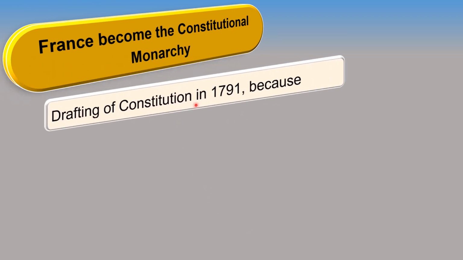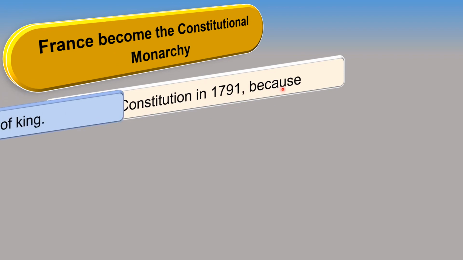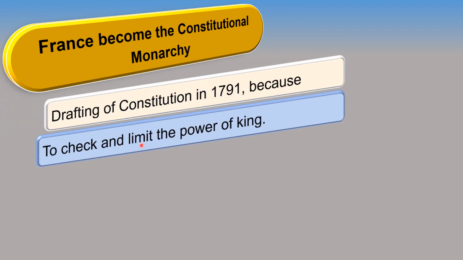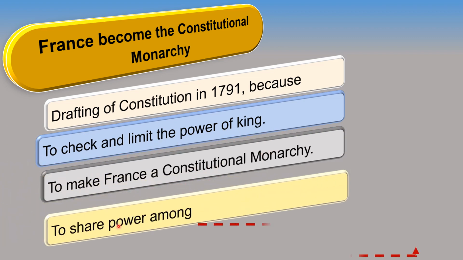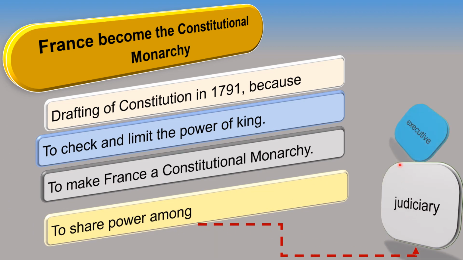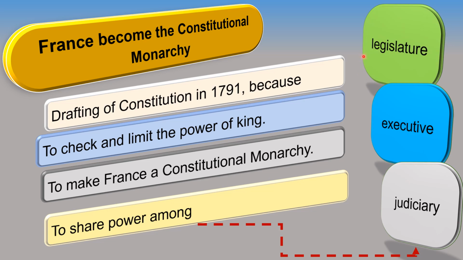And the drafting of the Constitution of 1791 was to check and limit the power of the king, to make France a constitutional monarchy, and to share power among the judiciary, executive, and legislature.